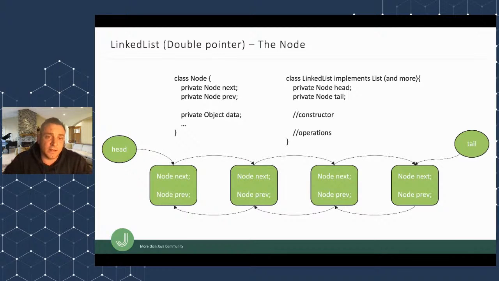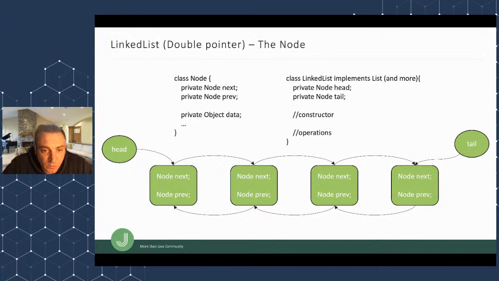Okay, let's start the talk, let's say the content of the talk. And we start from a new flavor of linked list. You should not be completely new to linked list implementation, because in the first part we discussed the single pointer version.